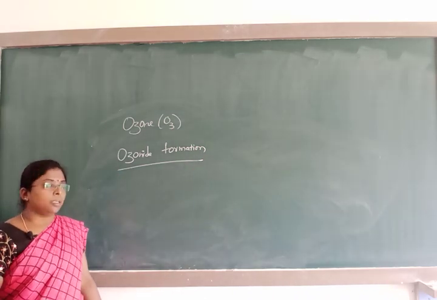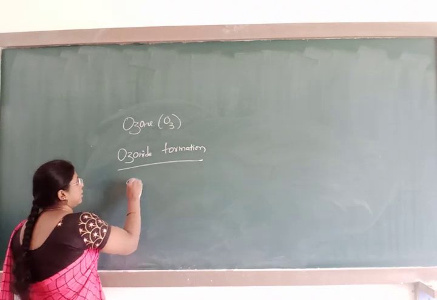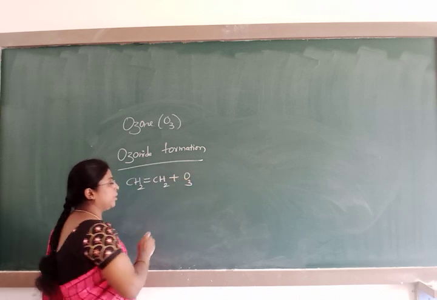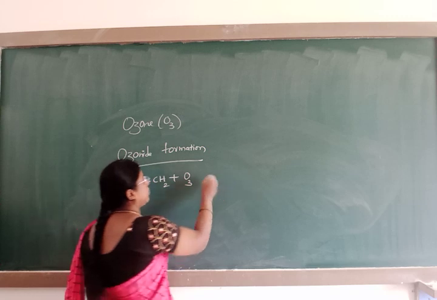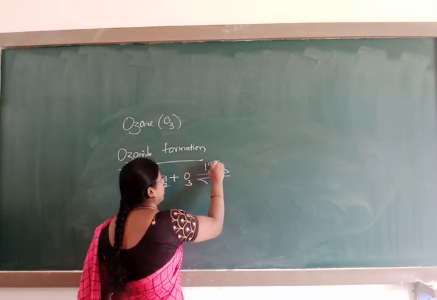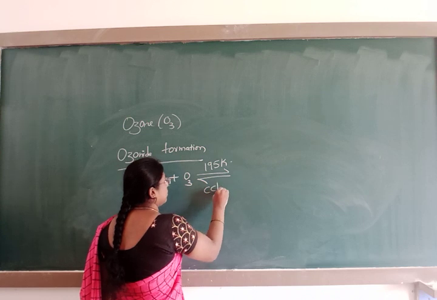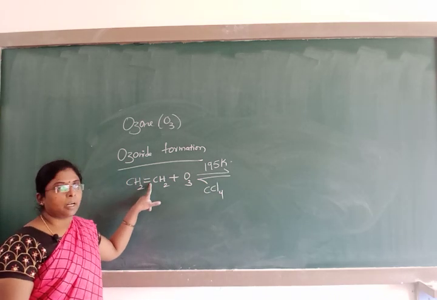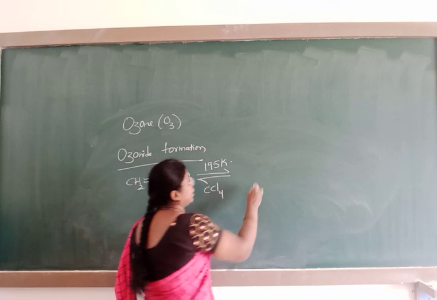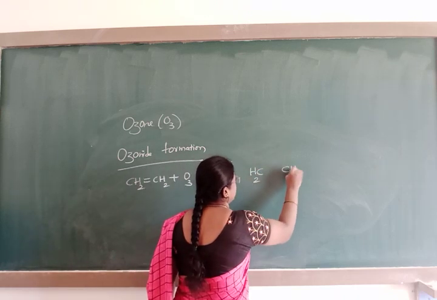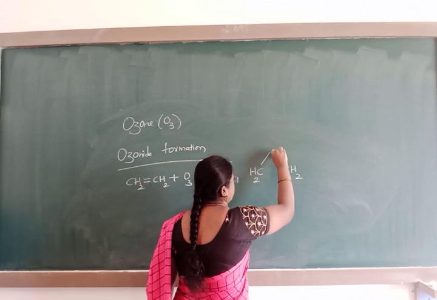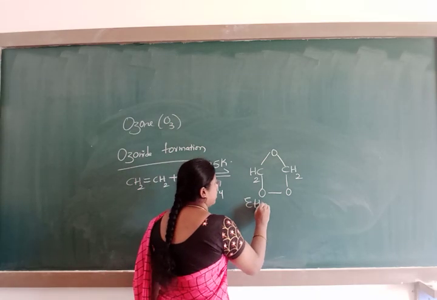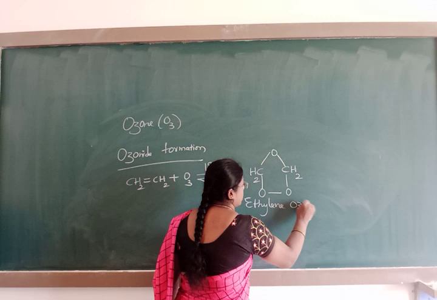When alkenes or alkynes, for example ethene, react with ozone at 195 Kelvin in the presence of an inert solvent like CCl4, the ozone attacks at the double bond, and you get the compound ozonized ethylene, known as ethylene ozonide.